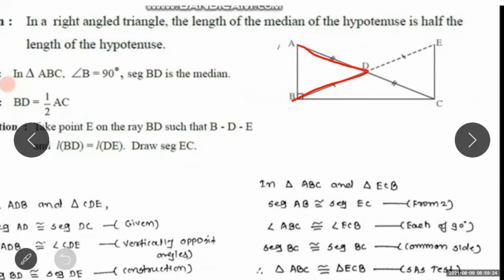These two triangles we have to consider.